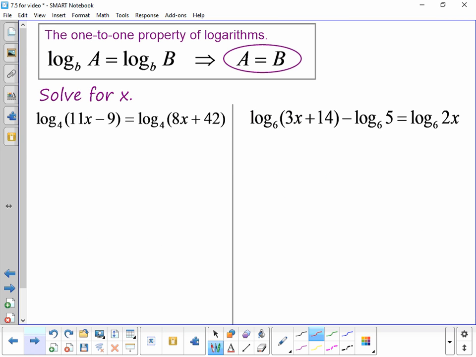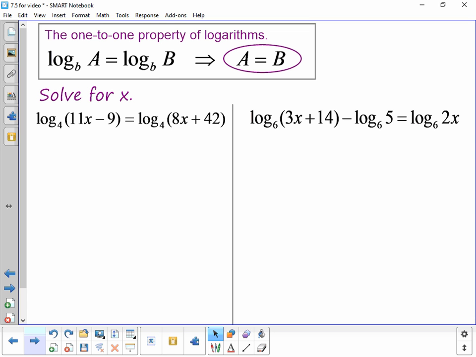Okay, there is one more type of logarithmic equation. It's actually one of the easier ones to solve, but sometimes people forget about this type. Logarithms have a one-to-one property.